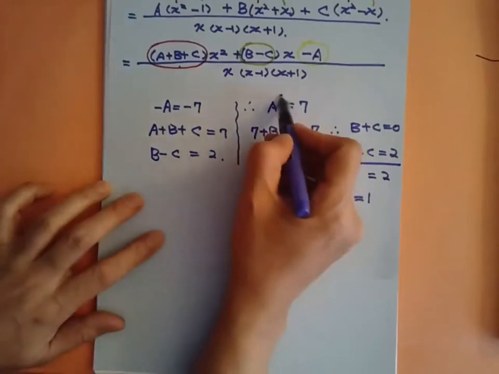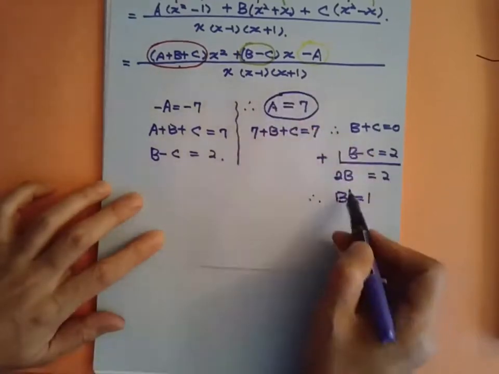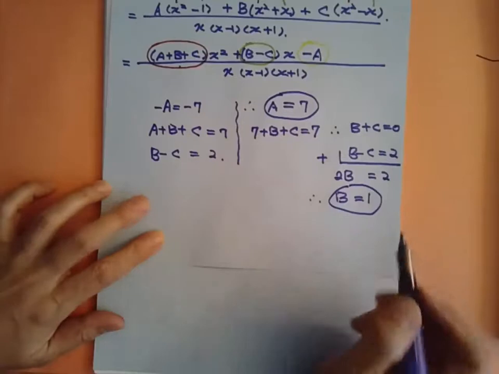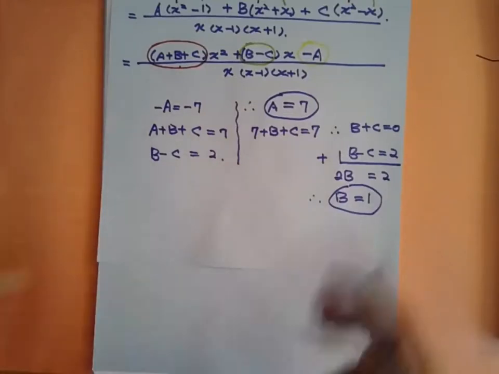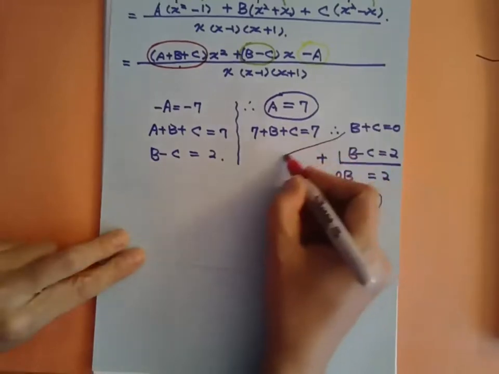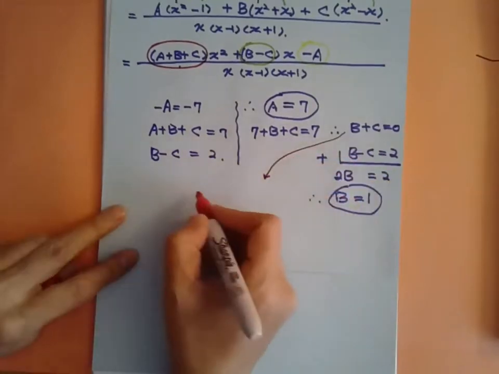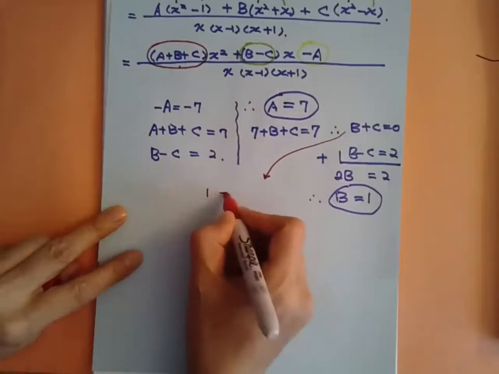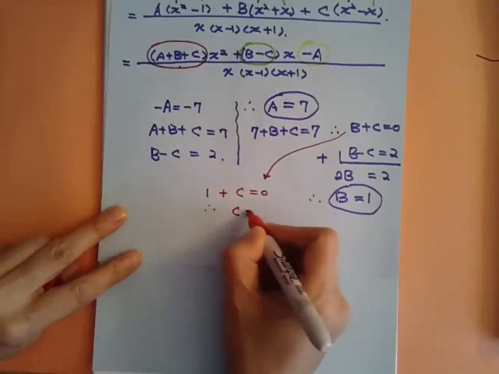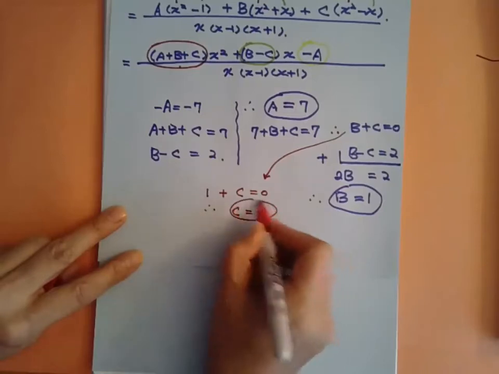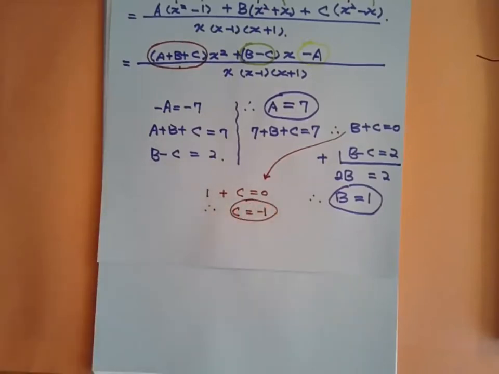So we have a equals 7, b equals 1, and then we apply b equals 1 to here. And then b equals 1 plus c equals 0. So c equals minus 1. So we got a, b, and c. Any question?